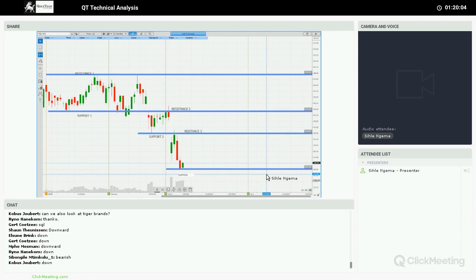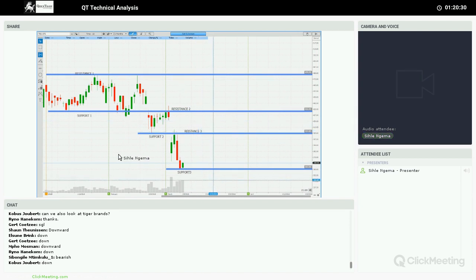This is my current support 3 for Tiger Brands. So Tiger Brands is sitting at support 3, and at resistance 3 there, that's where I'm expecting the share to go up again. If it doesn't go through, then the share will most definitely come down even below.